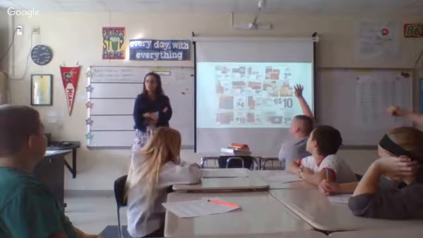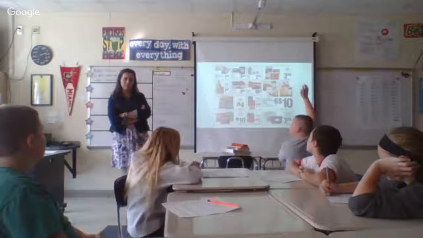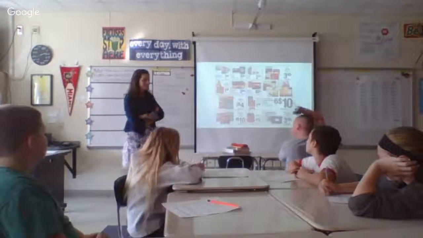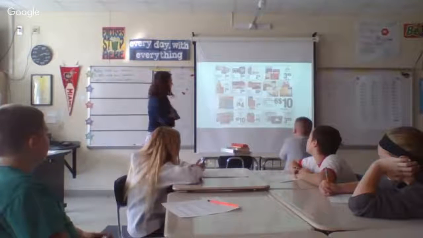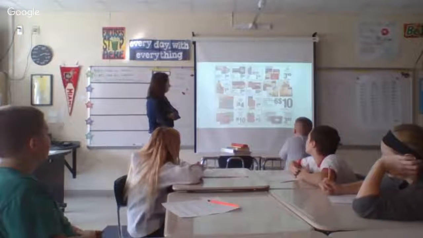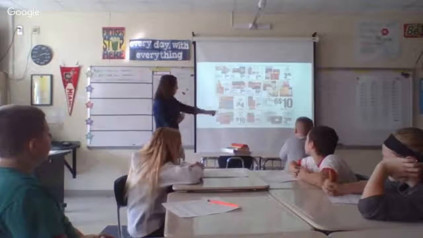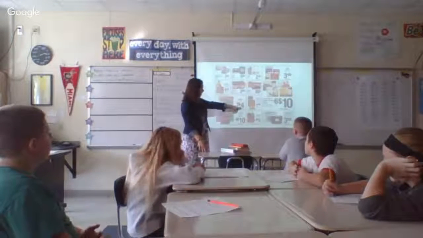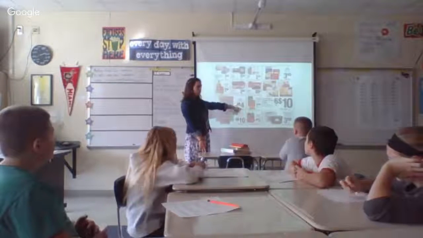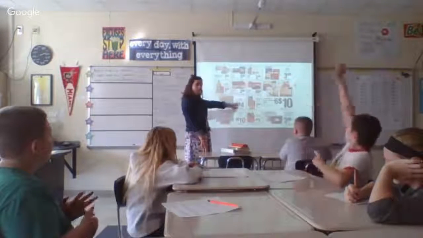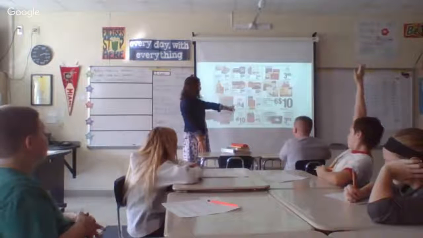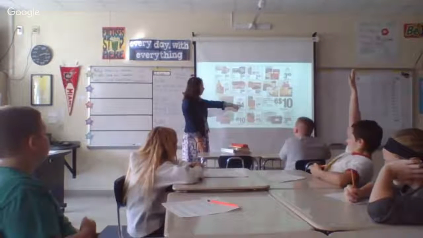Real quick. What do you see and what do you notice? Chelsea? I see that there are ratios. You see that there are ratios where? Like for the Cheetos, it says every 2 Cheeto bags is $4. 2 for 4. You probably heard that at the grocery store. That's a ratio. 2 Cheeto bags for $4.